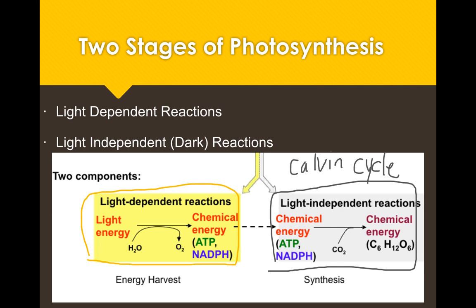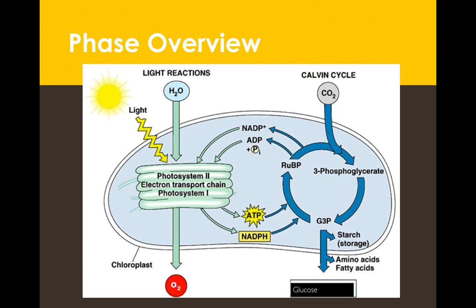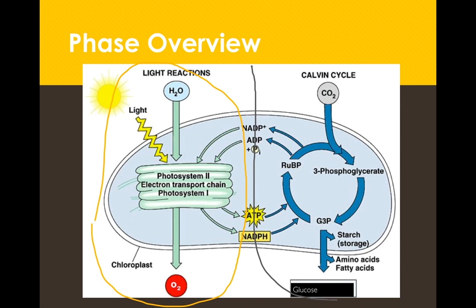Light independent reactions used to be known as dark reactions because they do not require light, but they can still happen during the day, so we don't really refer to them as dark reactions anymore. So again, this is also just showing the two reactions. Right here on the yellow, we have the light reactions, and again in the gray, we have the Calvin cycle or light independent reactions.